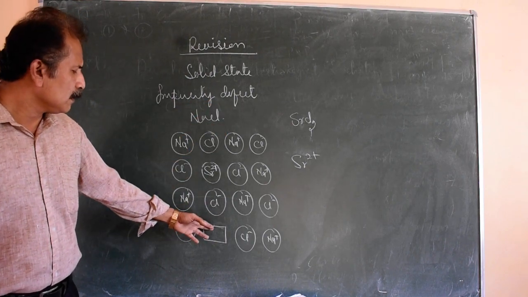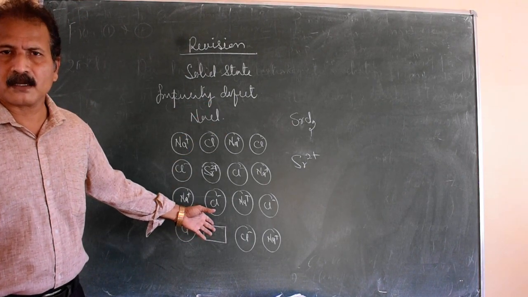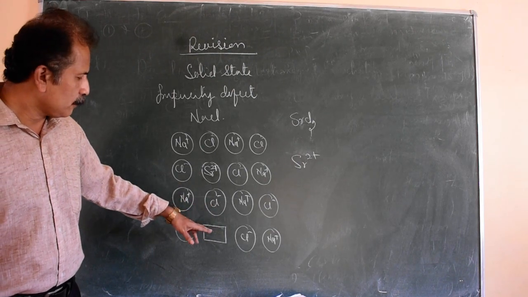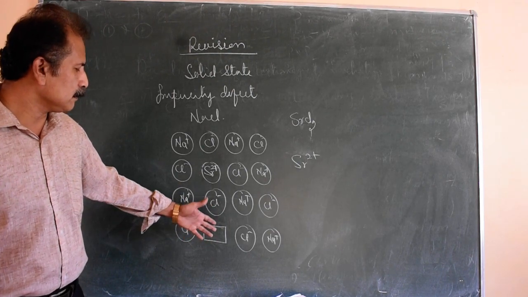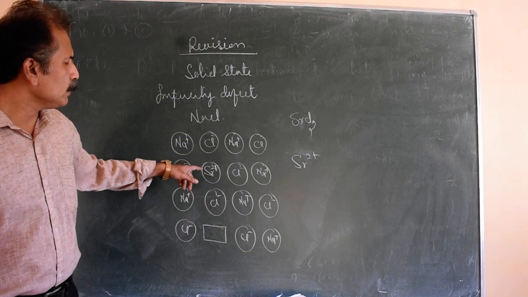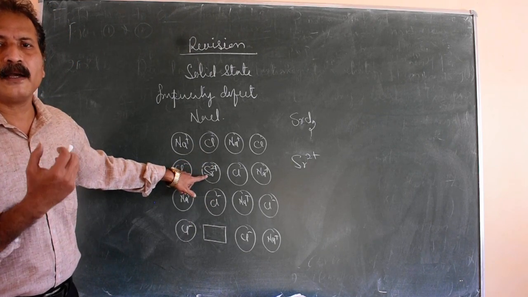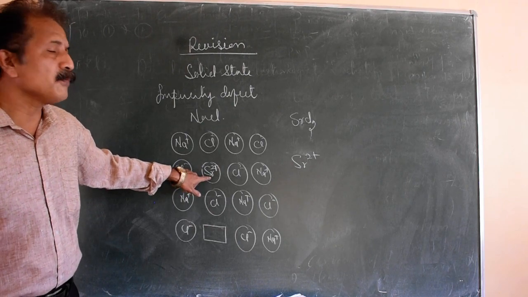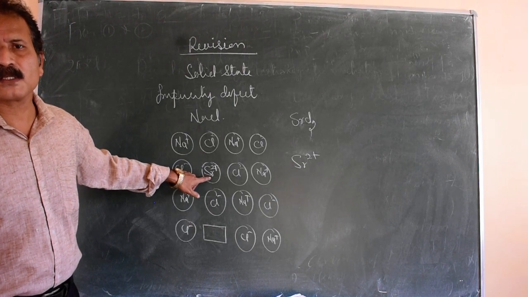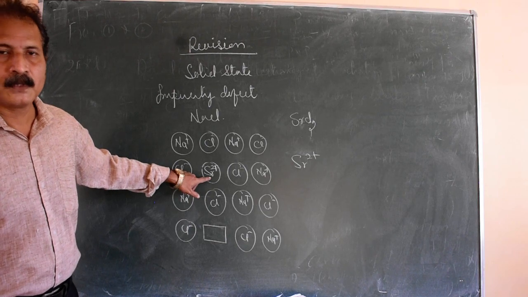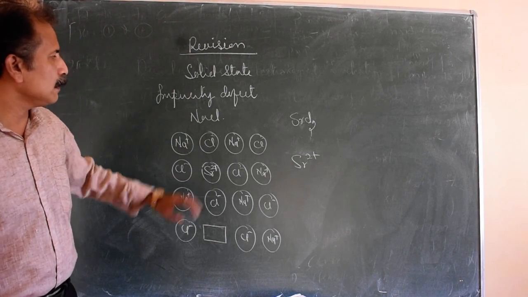Now this is again a type of vacancy defect, isn't it? And this vacancy defect has occurred due to the strontium ion creeping inside and sitting on one of the sites of sodium ion. Such a defect is called an impurity defect.